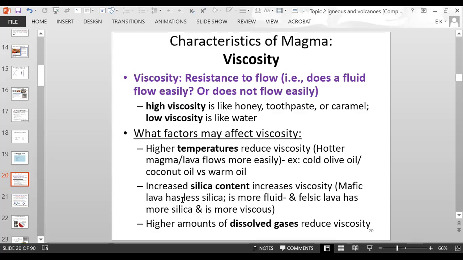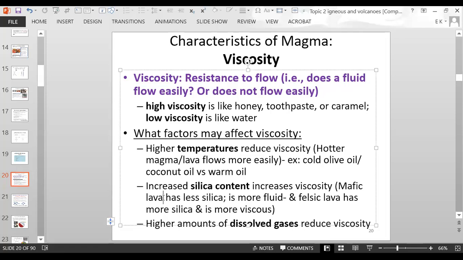So mafic lava flows more easily, felsic lava does not flow as easily. So that probably answers the question in the review sheet pretty completely. But when we get towards the volcanoes part of this lecture, I will also mention this related to volcanoes as well.